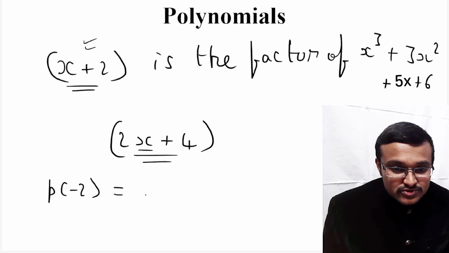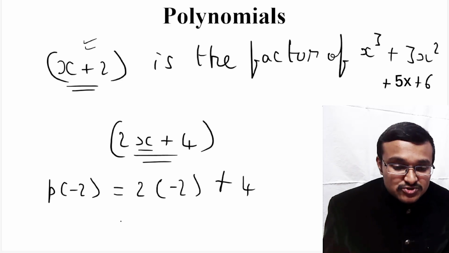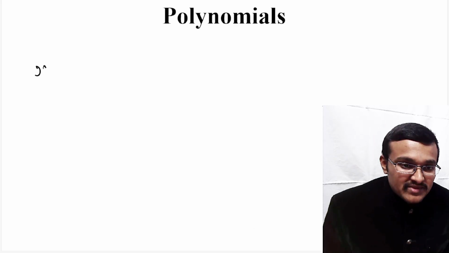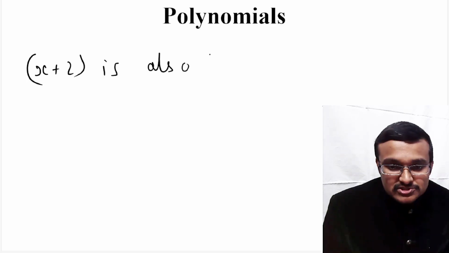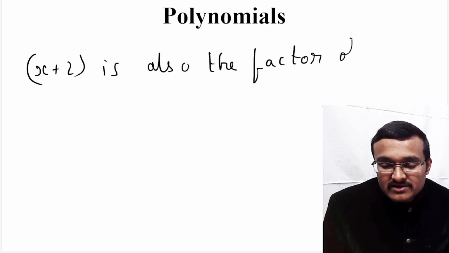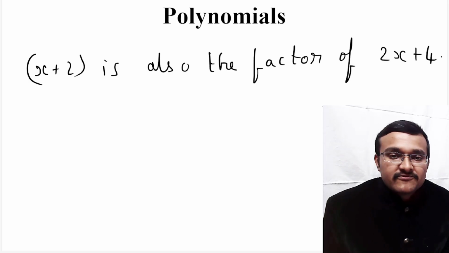If you substitute minus 2 in the x position, it will be 2 into minus 2 plus 4. So 2 into minus 2 is minus 4. So minus 4 plus 4 is equal to 0. So x plus 2 is also the factor of the second polynomial which they have given here, that is 2x plus 4.